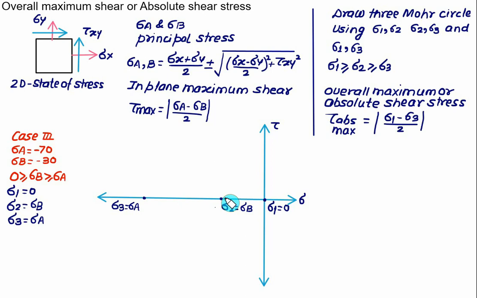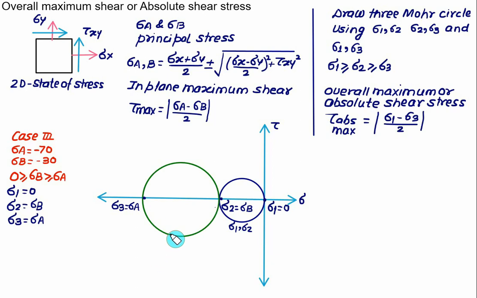The Mohr circle passing through sigma 1 and sigma 2 will be somewhat like this. So this Mohr circle is drawn for sigma 1 and sigma 2. Then one more circle will be drawn for sigma 2 and sigma 3. It will be touching sigma 2 and sigma 3.